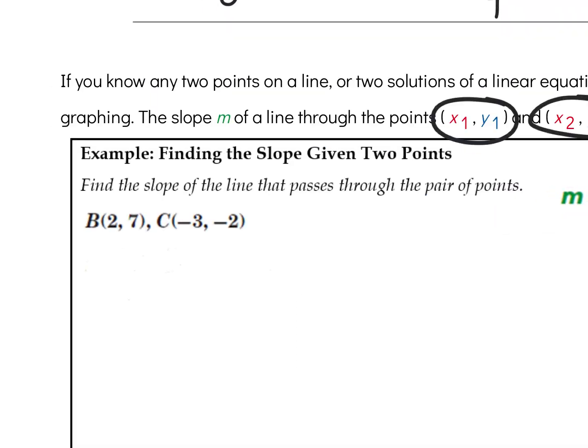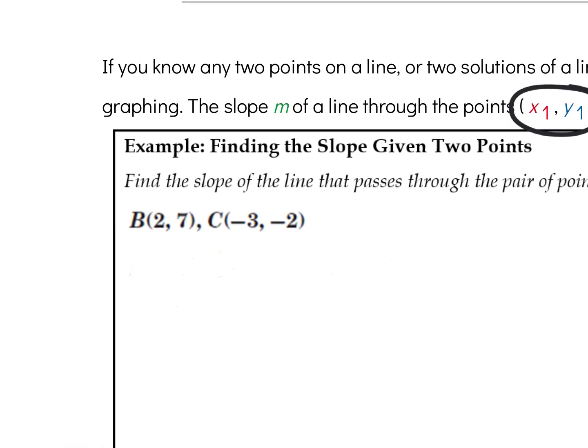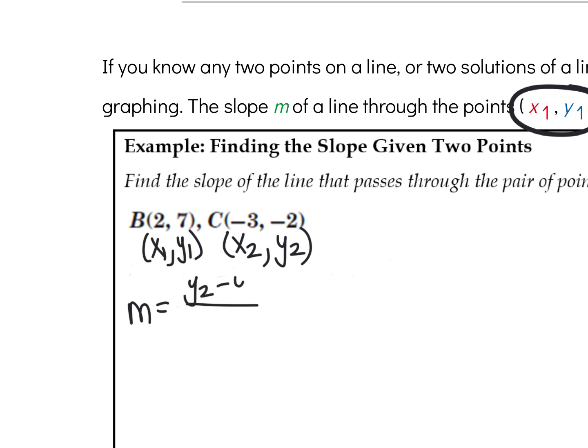So I've got these 2 points here. B is 2, 7, and C is -3, -2. I'm going to label them x1, y1, my first point. My second one, I'm going to label x2, y2. So then when I plug them in, I'm going to write down my formula first. y2 minus y1, subtract my y values.